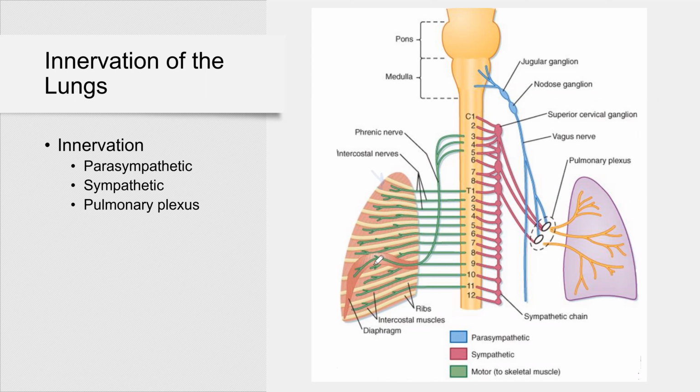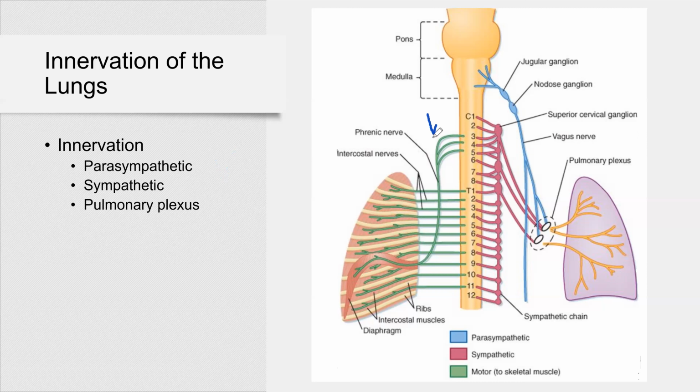Intercostal muscles and diaphragm are skeletal muscles, and this is motor innervation. So this phrenic nerve and intercostal nerve allow you to contract and relax the diaphragm and skeletal muscle, and that's how you breathe. But there is also another innervation through the parasympathetic and sympathetic divisions of the autonomic nervous system.